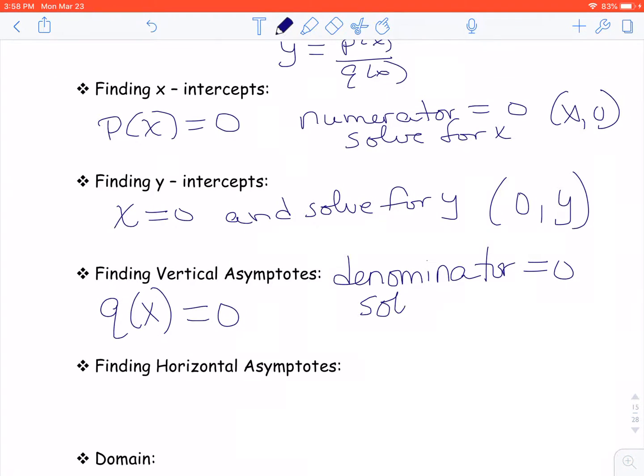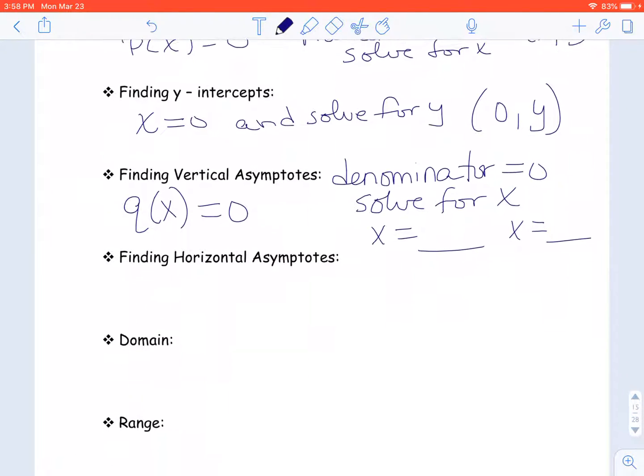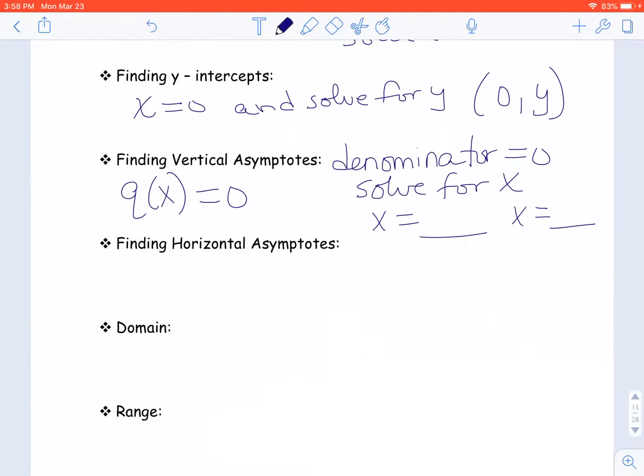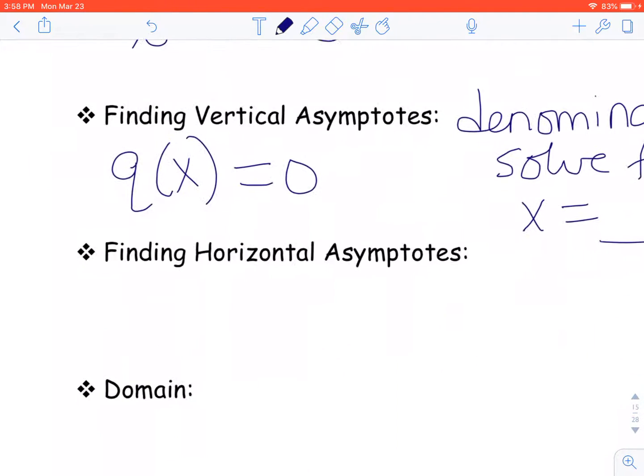Again, solve for x. You may have one vertical asymptote. You might have 2, but they should be in x equals form. x equals something. And then the last one are the horizontal asymptotes, and this is where those 3 conditions come in.